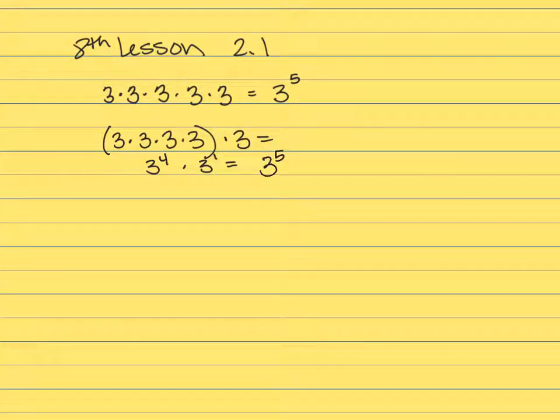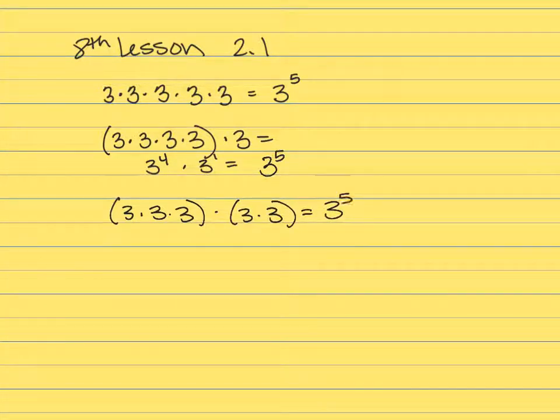Or I could have regrouped it 3 times 3 times 3 times 3 times 3, and I'm still going to get 3 to the 5th. Really, this is 3 to the 3rd times 3 to the 2nd. 3 plus 2 is 5.